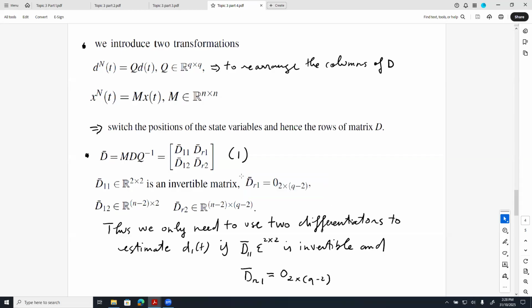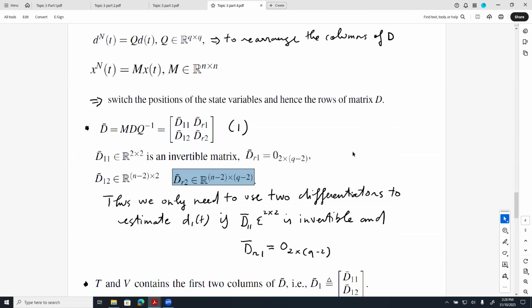And then the rest of the submatrices are given by D bar 1,2, which is of dimension n minus 2 by 2, and another submatrix here, which is called D bar 2. And if this is possible, then what it tells us is, oh, it's good.